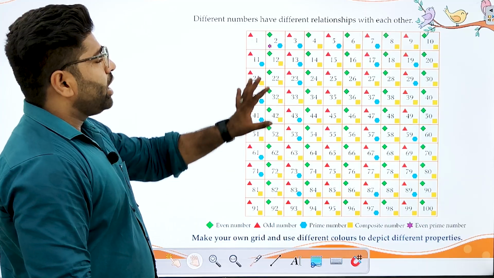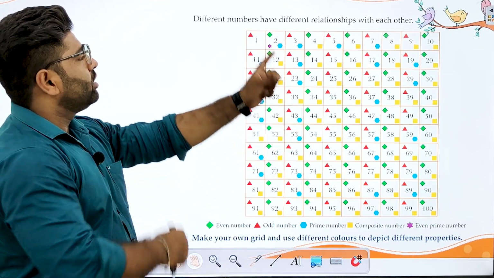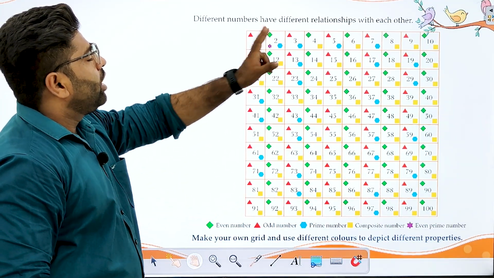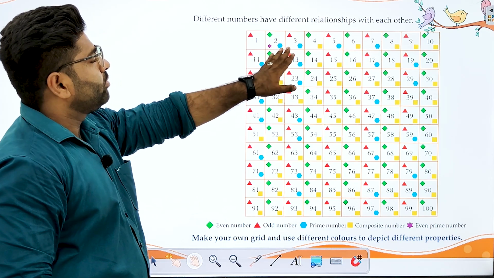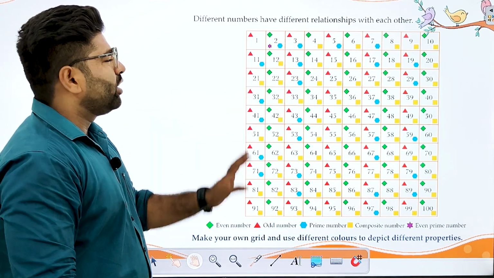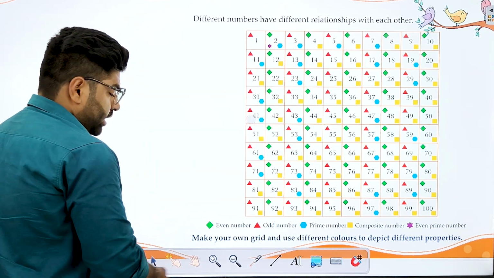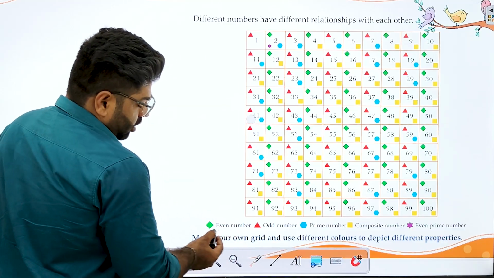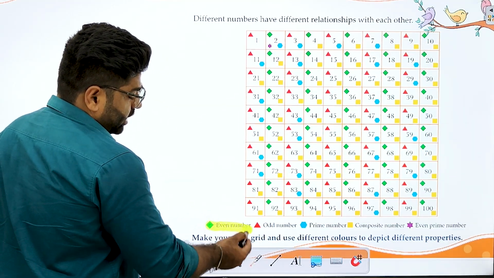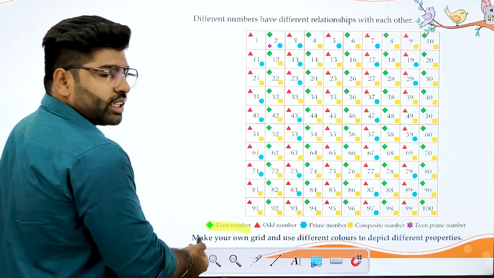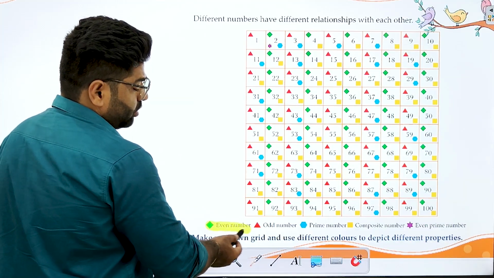If you see this table, we have different kinds of symbols, like this red triangle, this star, and a hexagon. Look at these points. This green diamond, or green rhombus, is for even numbers.